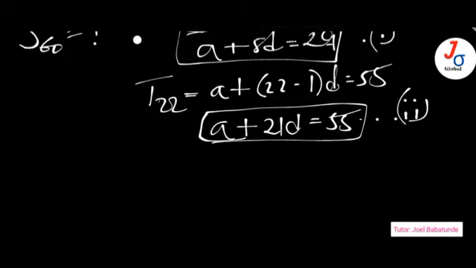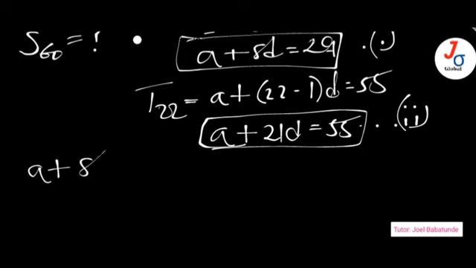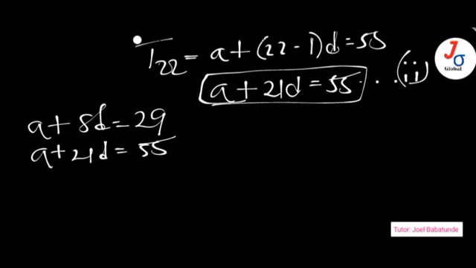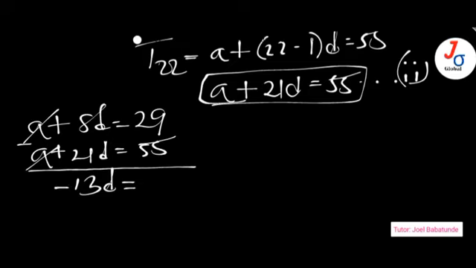I have these two equations, so can I solve them simultaneously? a plus 8d equals 29, and a plus 21d equals 55. Yes, let me subtract. a minus a is 0, then 8 minus 21 is minus 13d, and 29 minus 55 is minus 26.